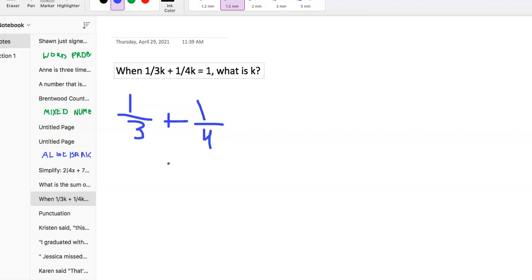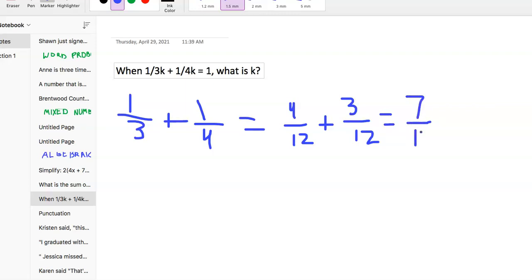So we're going to have 12 as that common denominator for both. With 1/3, if we multiply by 4 over 4, that becomes 4/12. With 1/4, multiply by 3 over 3, that becomes 3/12. Then we can combine these. 4 plus 3 is 7, so 7/12.